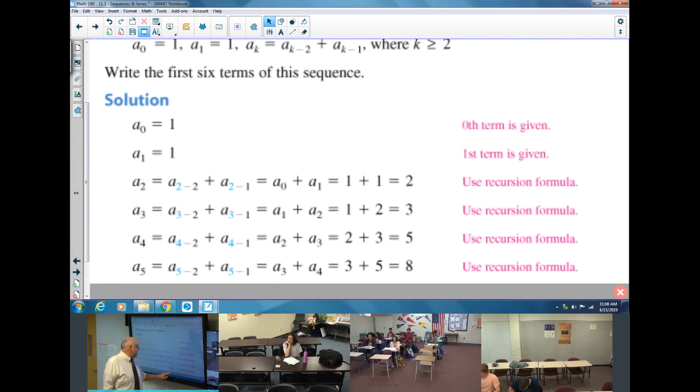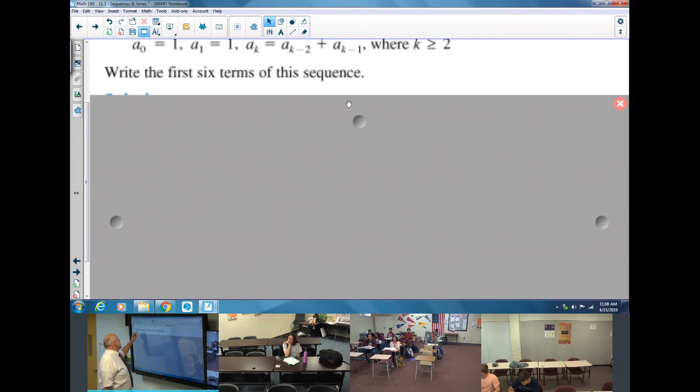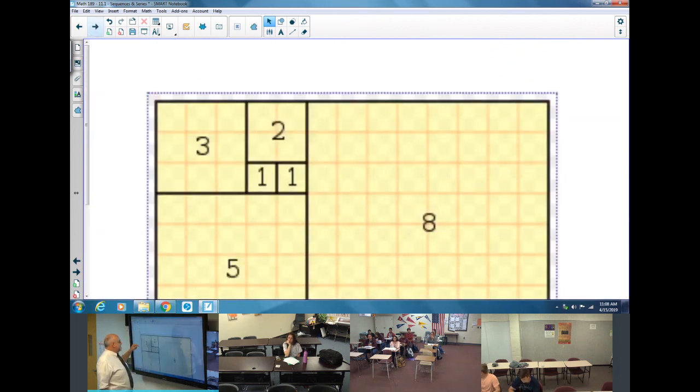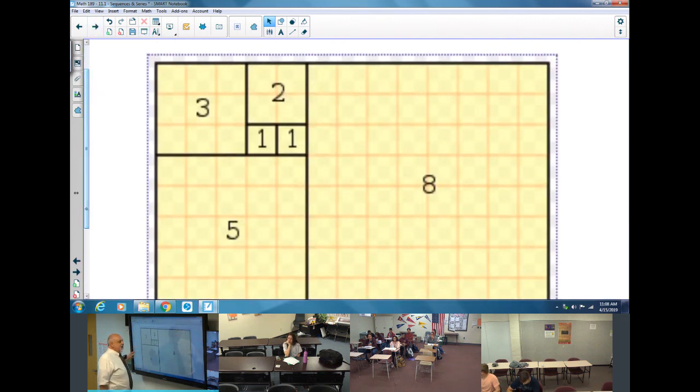Now this sequence is pretty amazing because, let's say, back in the day, architects would arrange buildings so that the size of the rooms were in the form of a Fibonacci sequence.